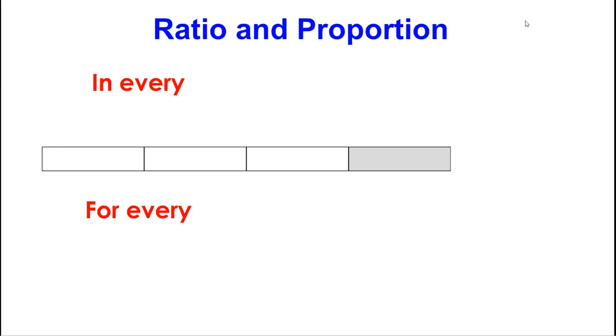Ratio and proportion. When talking about ratio and proportion, we use the words in every or for every. So here we have a rectangle. It has been divided into 4 equal parts and 1 is shaded in. We can say, in every 4 squares, 1, 2, 3, 4, in every 4 squares, 1 is gray.